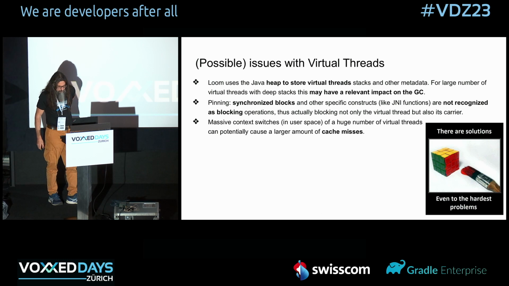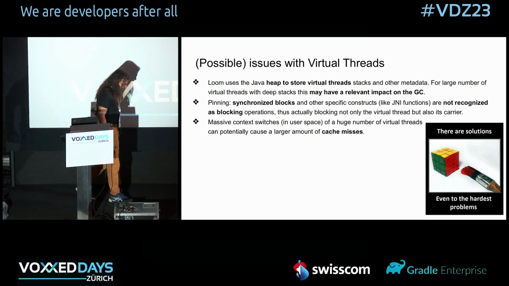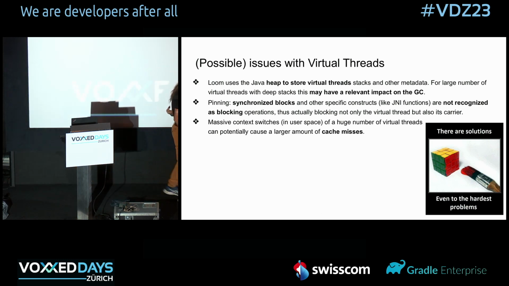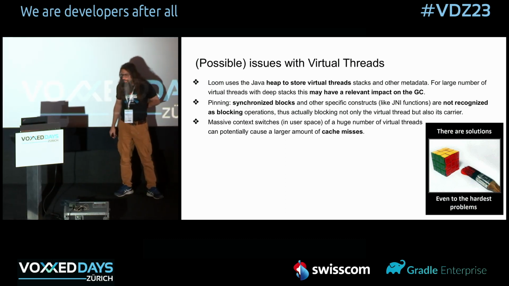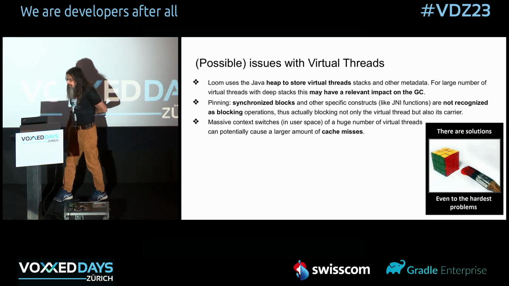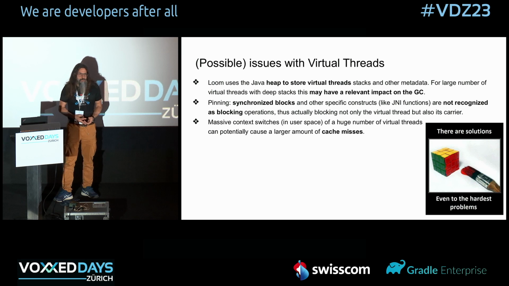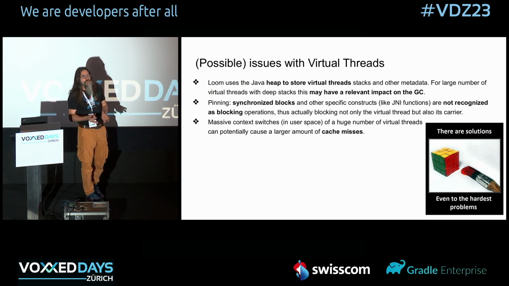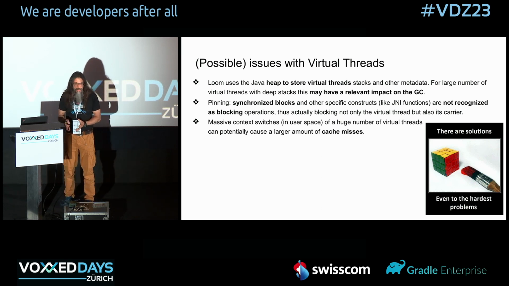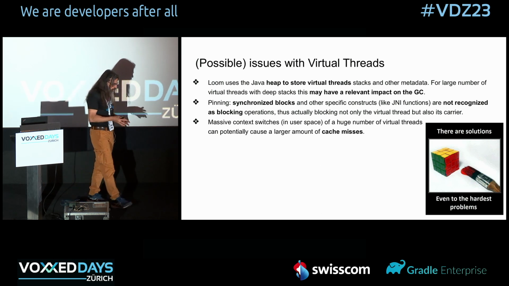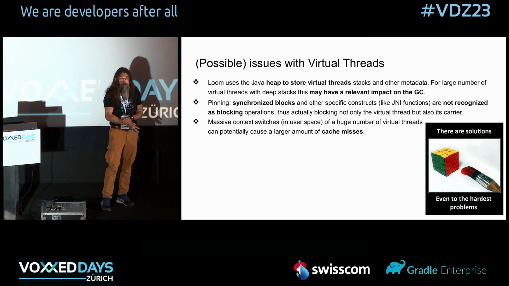Another thing is that with many virtual threads, what could happen is that you have a lot more context switches, which is not a big problem like for native thread, because again the context switch is in user space.